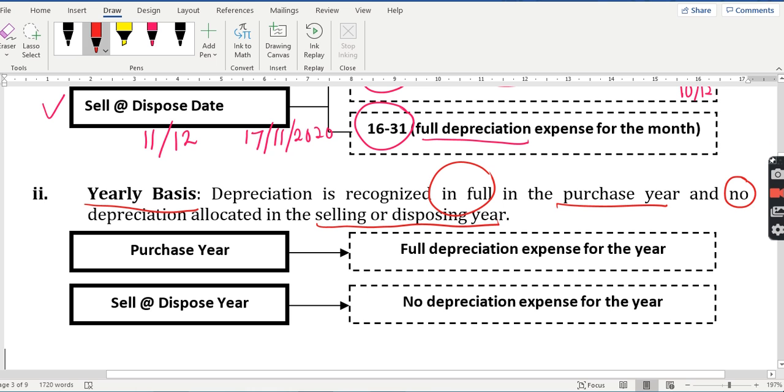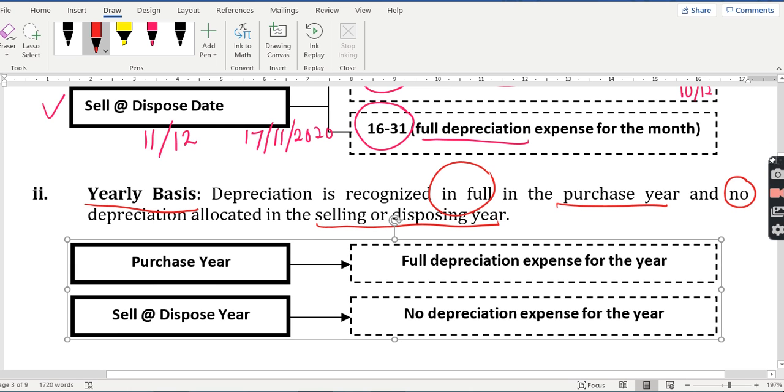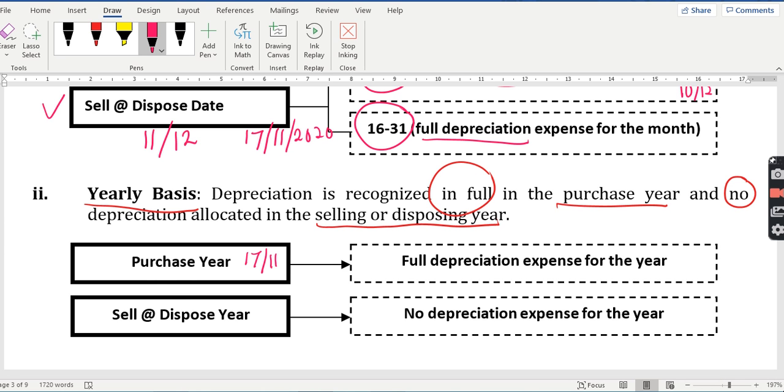Let's say I am purchasing the asset today, and today is the 17th of November. As you can see, it's only around 2 months before the closing date. But how do I depreciate the asset?